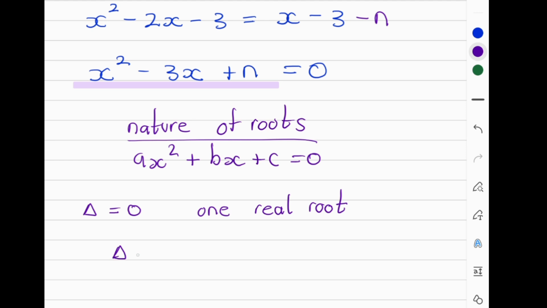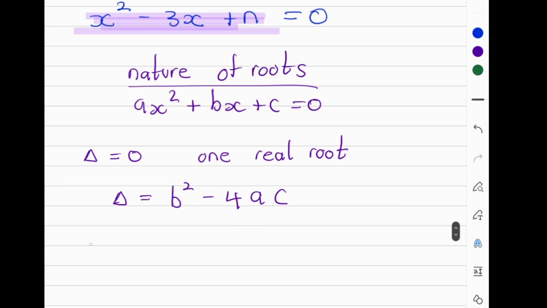Remember that the discriminant is equal to b squared minus 4ac. Looking at this equation here, my a is equal to 1, my b is equal to -3, and my c is equal to n.